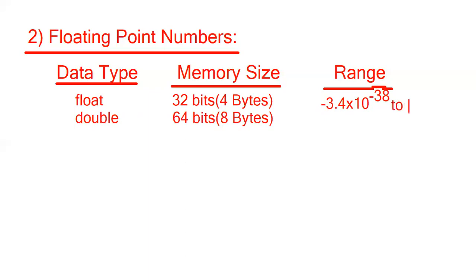To 3.4 into 10 to the power of plus 38. Here, minus 1.7 into 10 to the power of minus 308 to 1.7 into 10 to the power of plus 308.